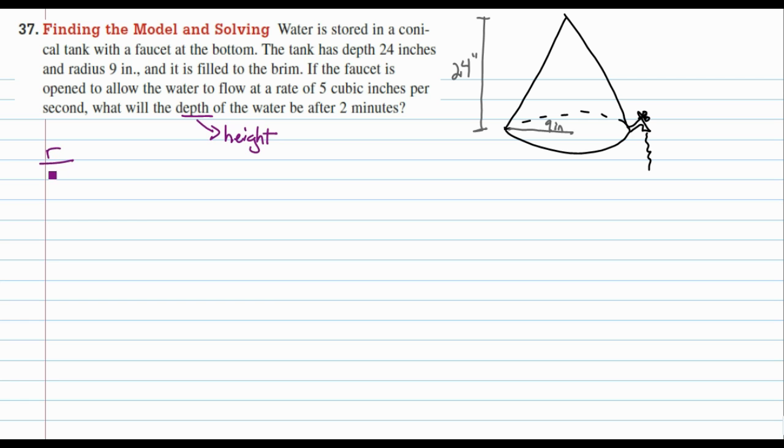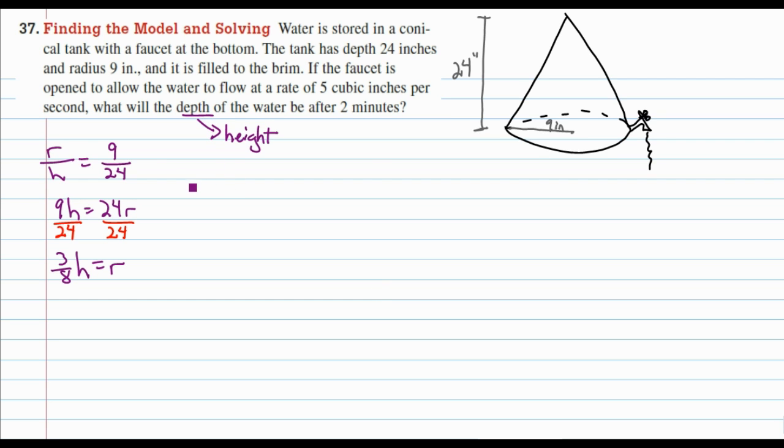So the radius over height, our radius was 9, our height was 24, so I cross multiply: 9h equals 24r. Now since I'm trying to find height, I'm going to solve for radius so that every time I see radius, I can plug in an expression that still has height in it. So that's going to be 3/8 h, that was a mouthful, equals r.